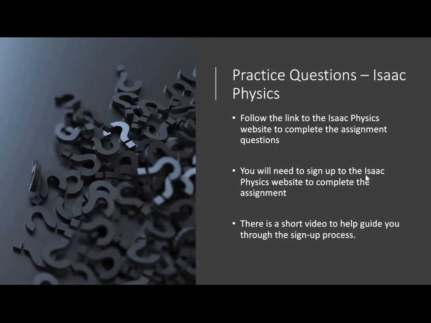You will need to sign up to the Isaac Physics website in order to complete that. I've put together a short video to help guide you through the sign up process, which is available again on the Padlet and on our YouTube channel. You should be able to follow that through. It just needs your school email address for you to be able to sign up and complete that assignment in your own time.